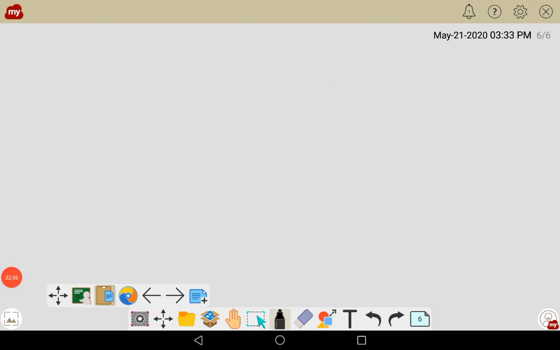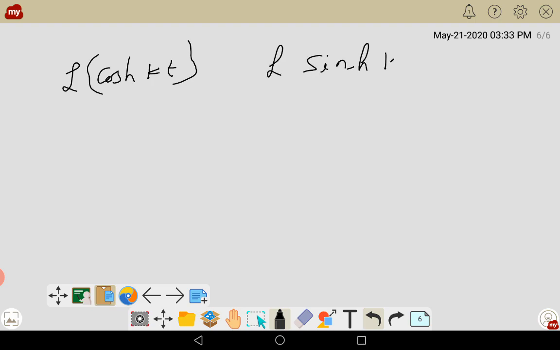Of course, I will show you the Laplace of cosine hyperbolic kt and the Laplace of sine hyperbolic kt. Hyperbolic functions have a relation with the exponential function.